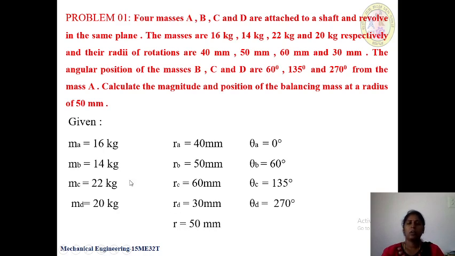After noting down all the masses, radius values and theta, we need to draw the space diagram. The space diagram is the graphical representation of all the forces acting in a system. First mass, MA is equal to 16 kg at a radius of 40 mm and it is at 0 degrees.